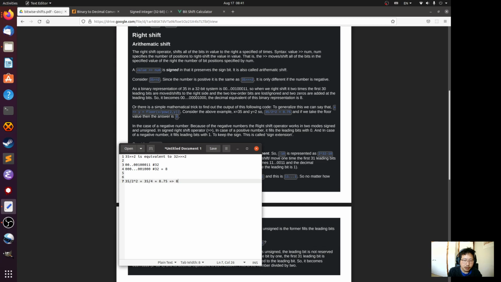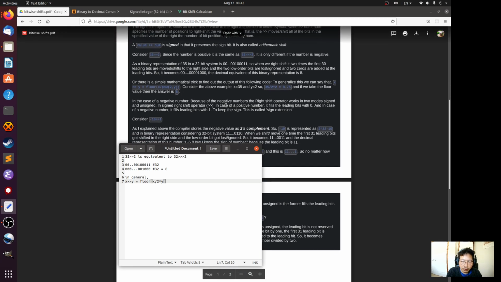Alright, so that's how you calculate using a formula. So in general, if you have x right shifted by y, it's equal to floor of x divided by 2 to the power of y.